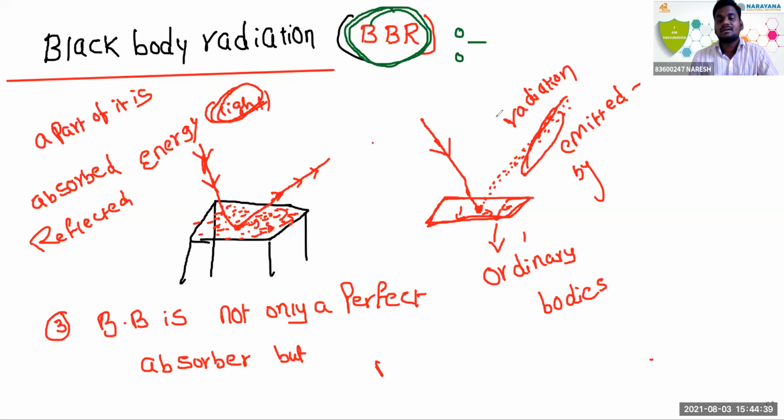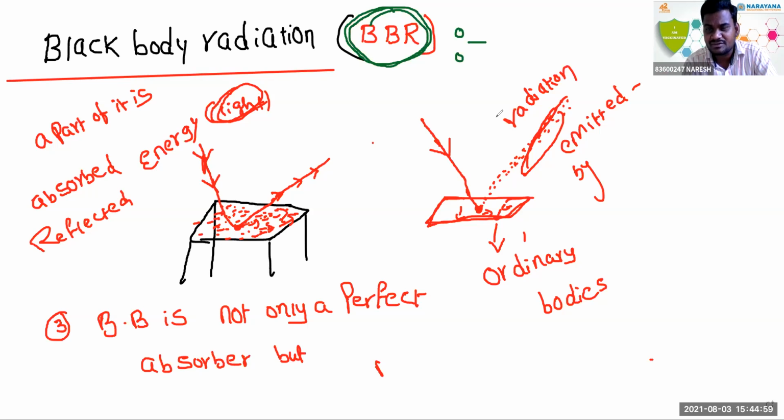See, the body should contain both characteristic properties, absorption and emission. That body can act as a black body, like a hollow sphere which is coated inside with platinum black with a small hole acts as a black body.